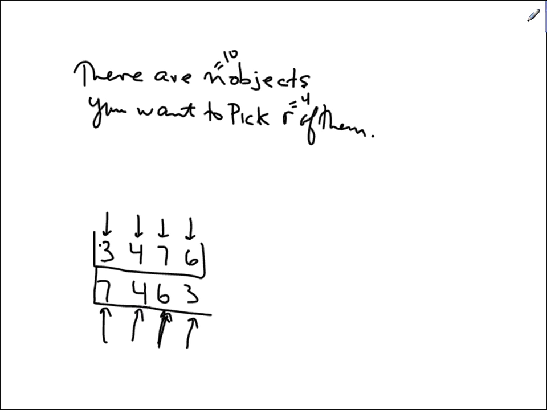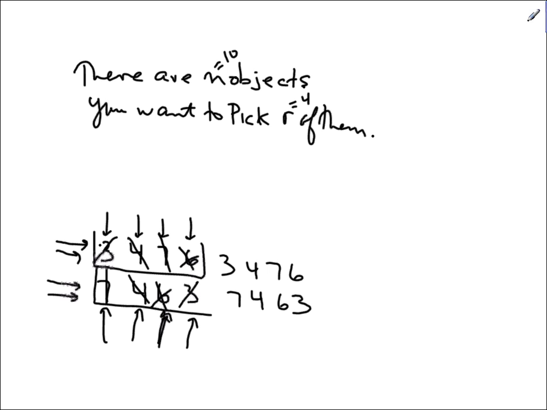But these are the same 4 people. They both have 3, 4, 6, and 7. They're the same sets of people. In terms of hiring 4 people for the same job, these 2 lists have to be said to be the same. It's not really different.